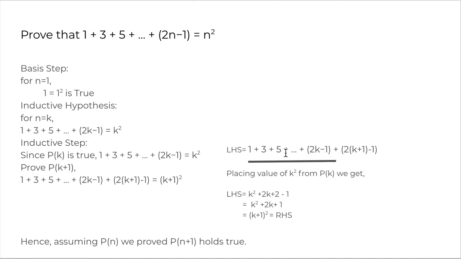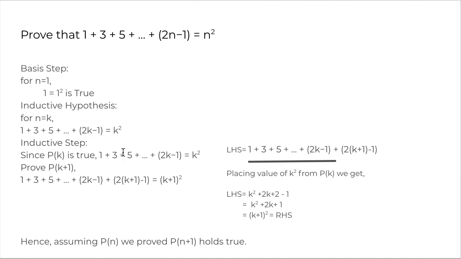So this is k square plus 2 times k plus 1 minus 1, which we get right here as k square plus 2k plus 2 minus 1, which is k square plus 2k plus 1. When you factorize it, you get k plus 1 the whole square, and that is the RHS. So the summation of the first k plus 1 odd natural numbers is k plus 1 the whole square, which is P of k plus 1.